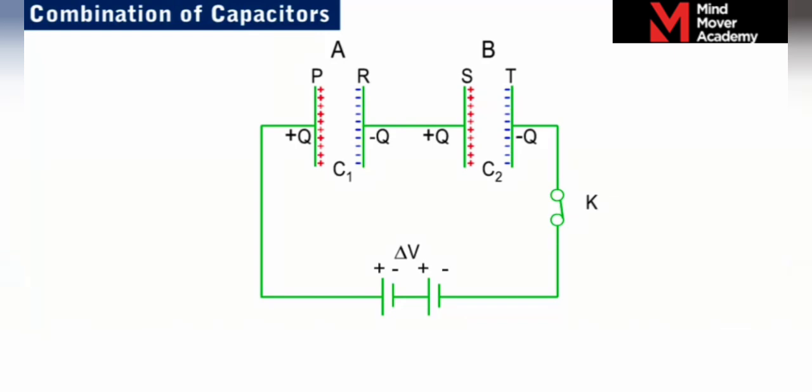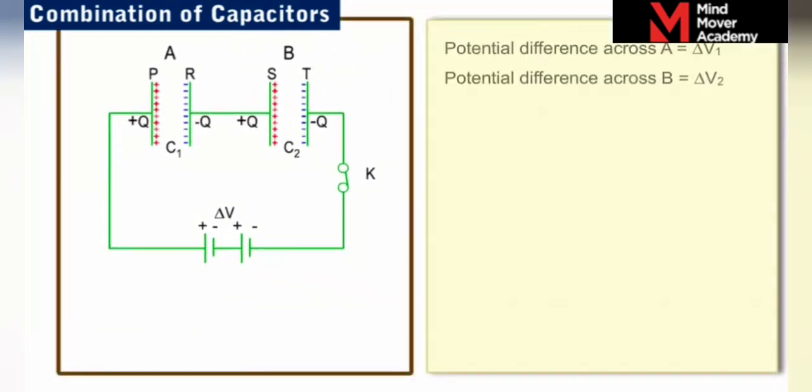Let the potential difference across the capacitors A and B be delta V1 and delta V2 respectively. The relation between the capacitance of a capacitor C, the charge Q accumulated on it, and the potential difference across its plates, delta V, is given by Q is equal to C delta V. Let us label this as equation 1.